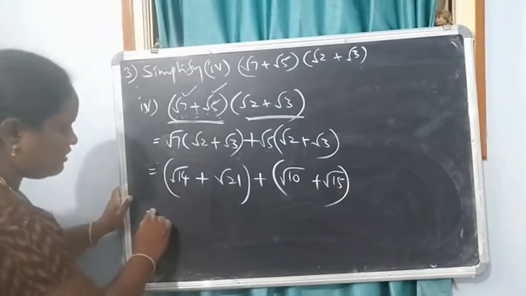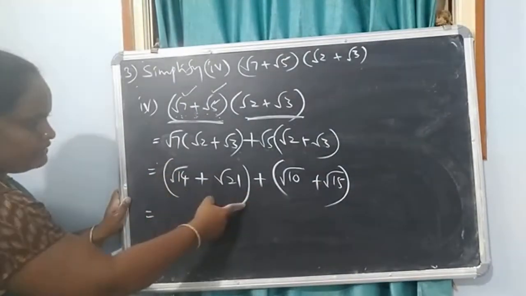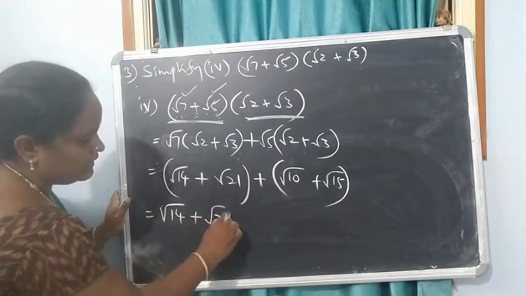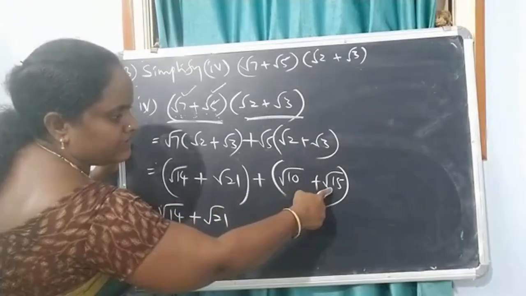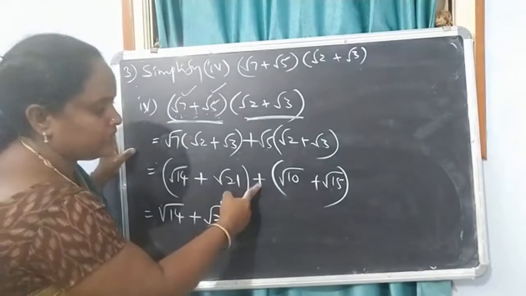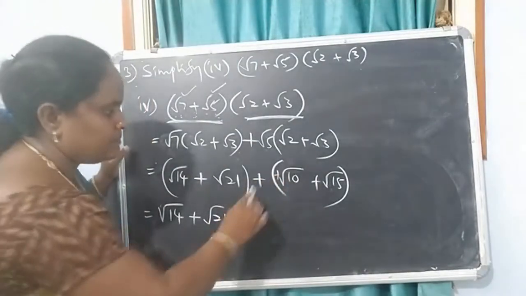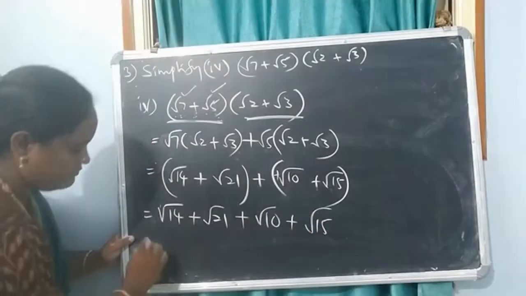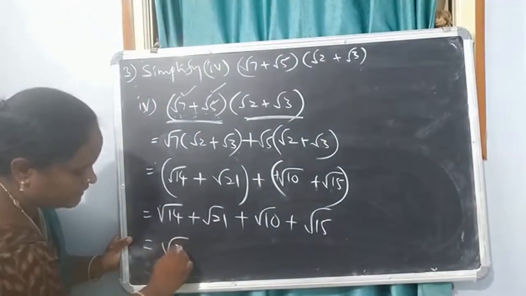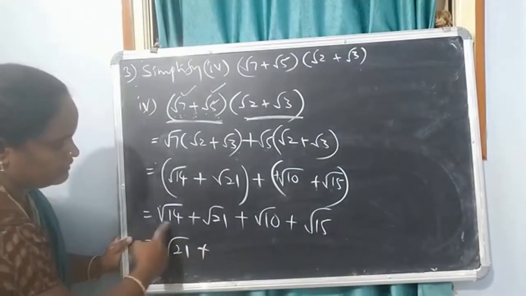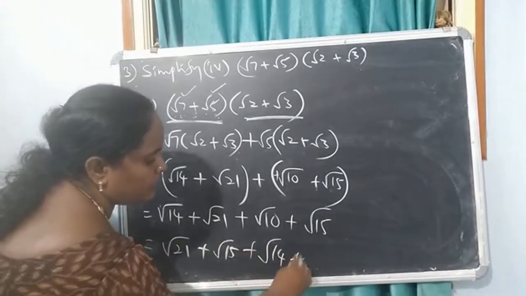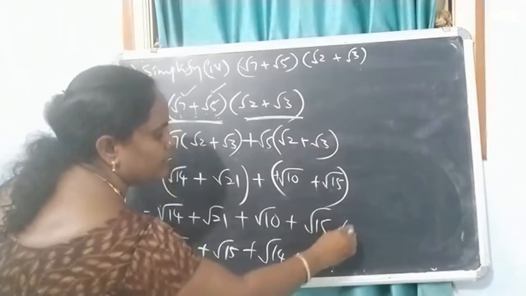Now if I remove this 2 bracket, in front of this there is no sign. I can write as it is: root 21. Both the terms inside the second bracket must be multiplied with plus, but here no sign. No sign means plus. Plus into plus: plus root 10. Plus into plus: plus root 15. So if I write this in order, root 21 first, then the highest root 15, then root 14, then root 10. You can write like this, or here itself we can stop.